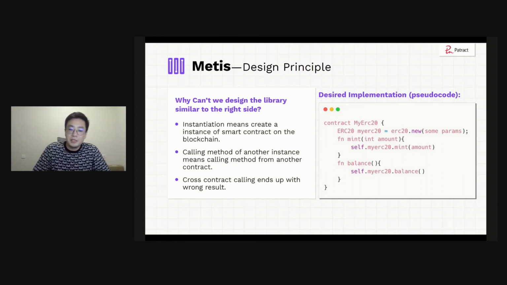However, instantiation means creating an instance of a smart contract on the blockchain. So if you call ERC20.new, you basically have an ERC20 on your blockchain already. And calling a method of another instance means calling a method from another contract. That ends up with a cross-contract call that will give you the wrong result.